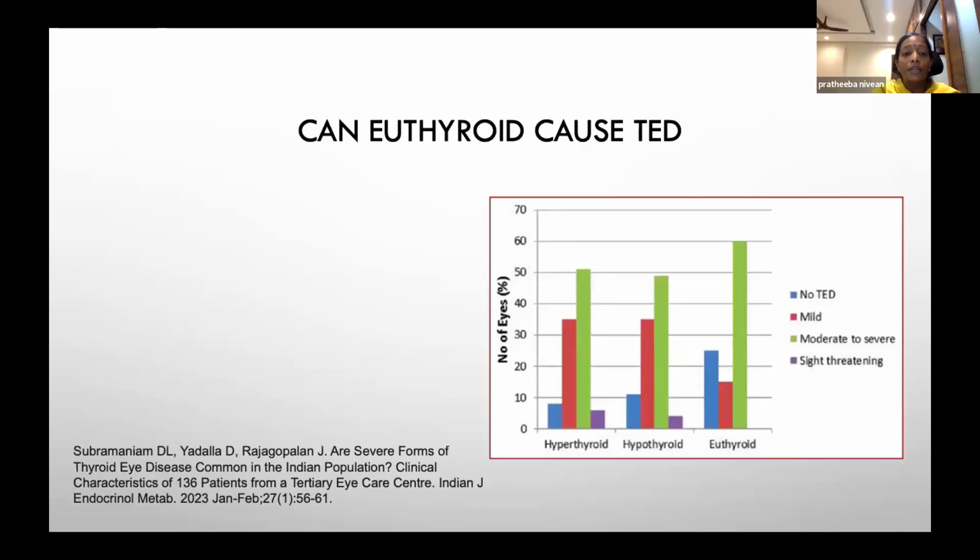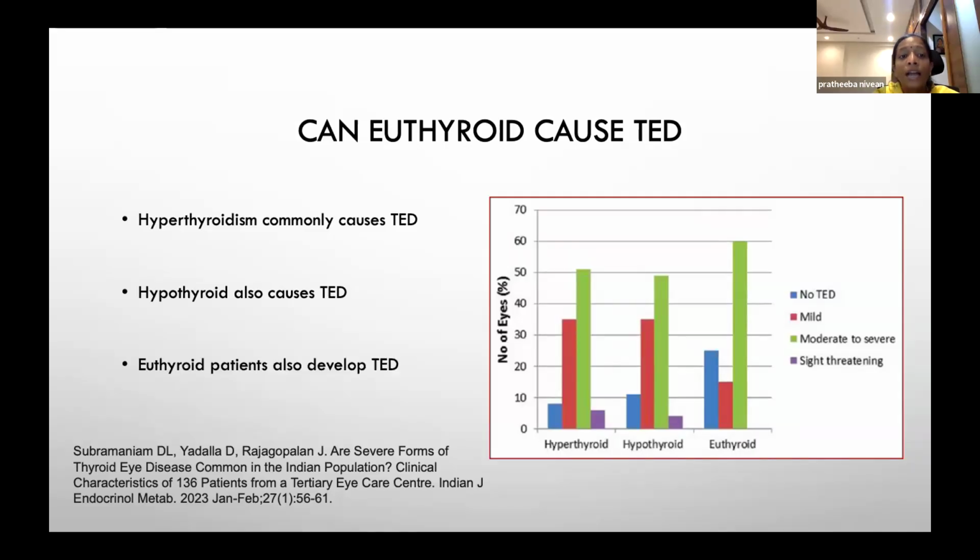And this is again from an Indian study. Patients with thyroid eye disease mostly are hyperthyroid. 50% are hyperthyroid, 25% are hypothyroid, and 20% are euthyroid. So this is a very important slide because we should understand that not all patients have an abnormal thyroid status, and it doesn't mean that a patient cannot have thyroid eye disease.